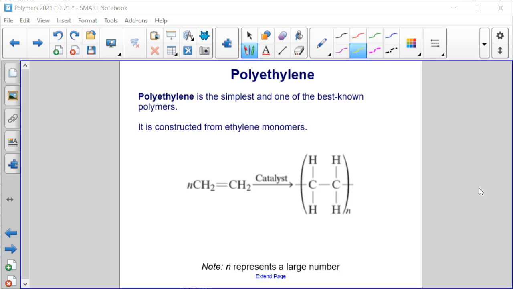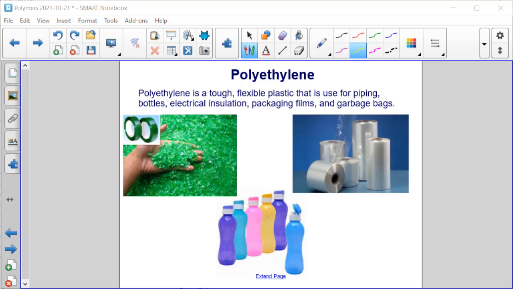So we just make this very long polymer of ethylene monomers that is called polyethylene. Polyethylene is a tough, flexible plastic that is used for piping, bottles, electrical insulation, packaging films, garbage bags, many, many uses for this tough, strong, flexible plastic.